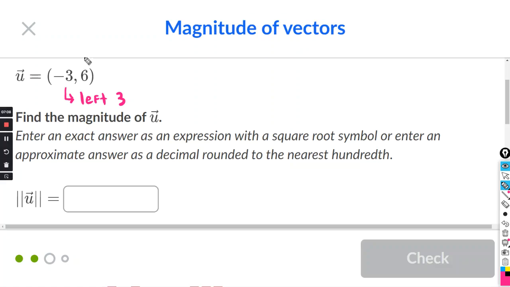And the +6 means that it went up 6 units. Does the direction matter? No, because we're just looking at magnitude. We're not worried about direction here, so we just want to find the length.